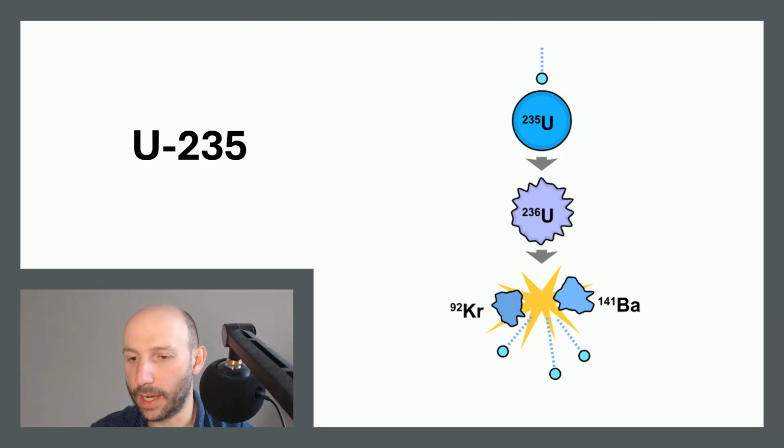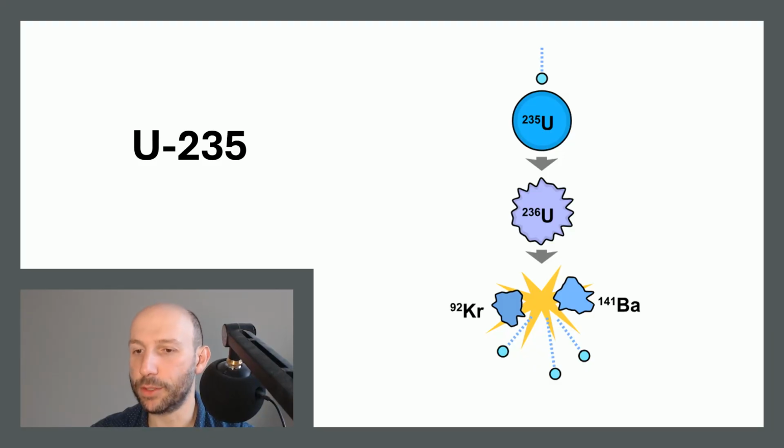For example, the diagram here shows it breaking up into krypton and barium. So specifically, you have a neutron, which is a little blue dot on top, hitting the uranium-235 atom just below it. Momentarily, we have uranium-236, right, because a neutron has been added to it, and that number represents the total number of neutrons plus the number of protons.